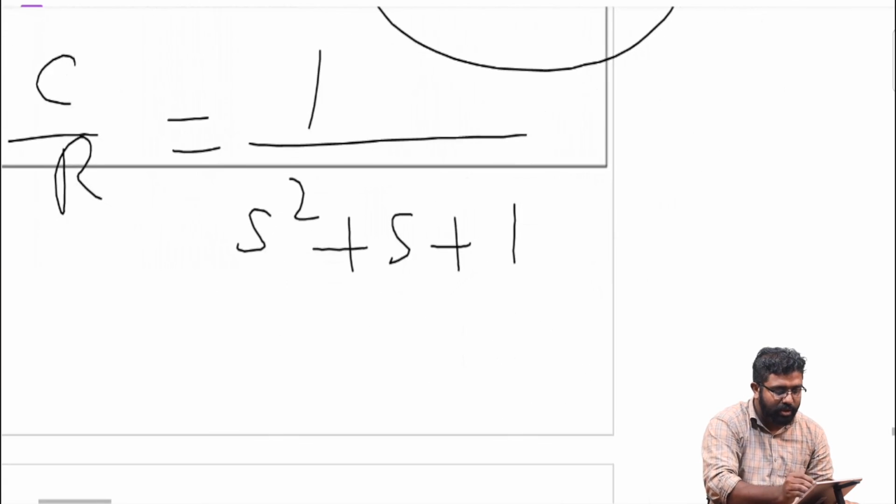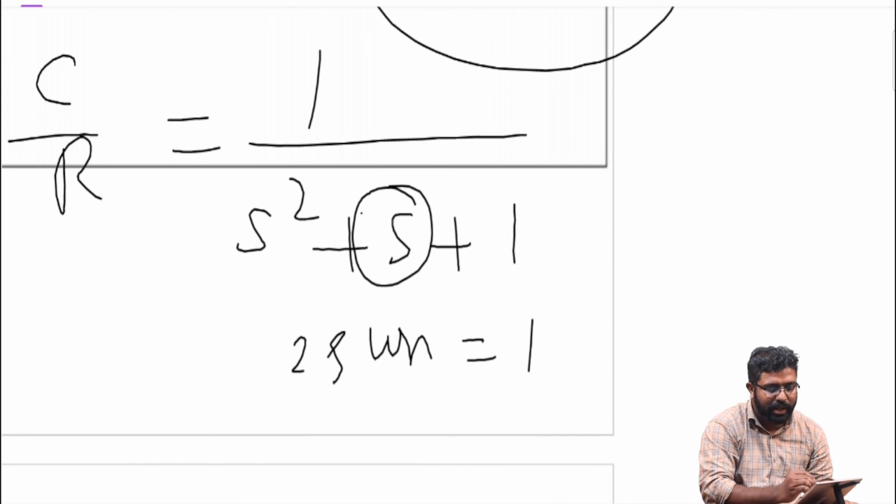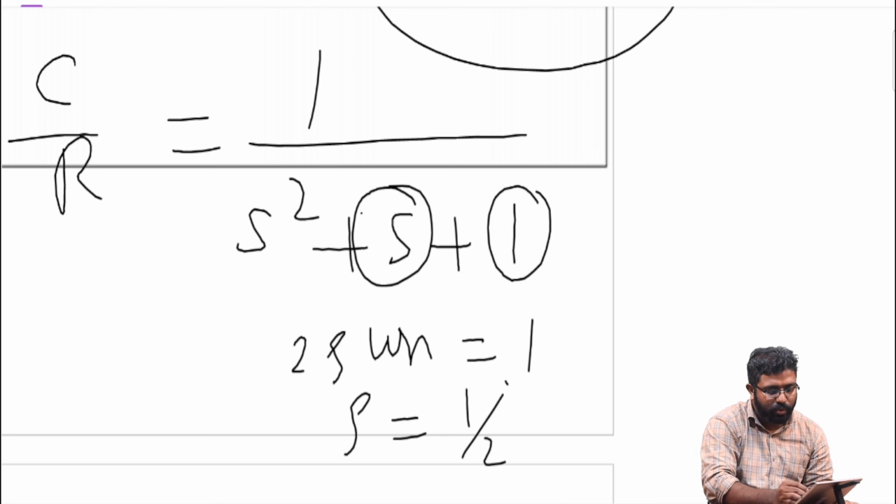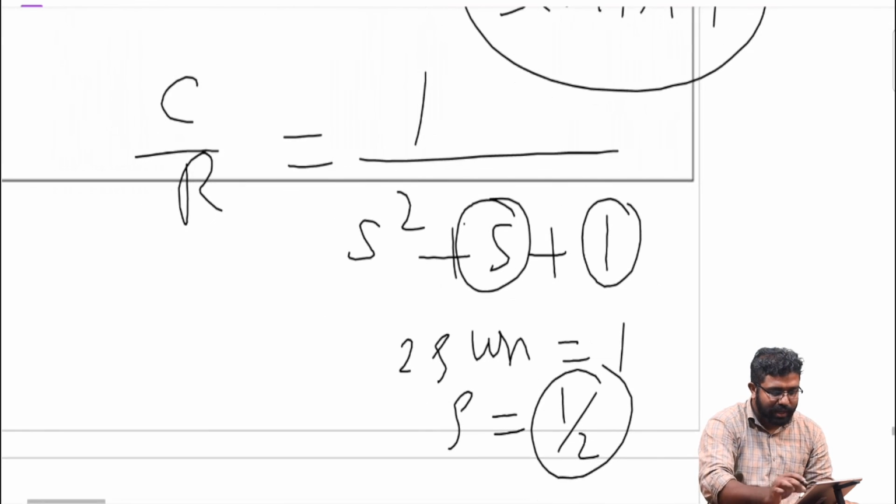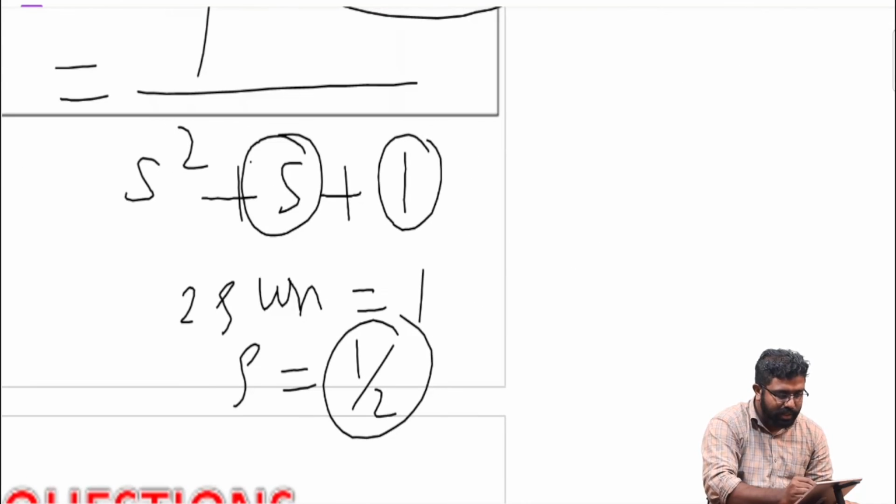So here the coefficient of s is 2 theta omega n, which equals 1. Omega n is 1. So theta equals 1 by 2. So you are getting theta omega n equal to 1 by 2.